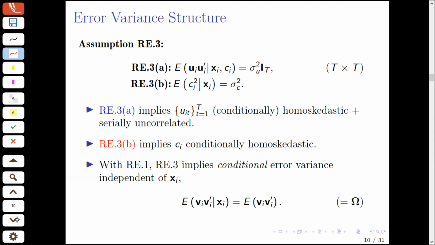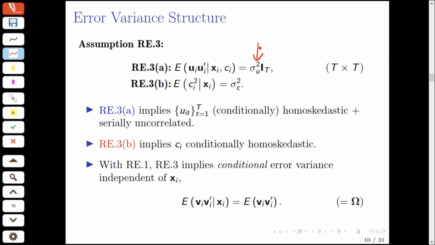Our third random effects assumption is also given in two parts. The first part states that the idiosyncratic error variance, conditioning on regressors in all time periods, as well as the individual effect, is a scalar matrix.